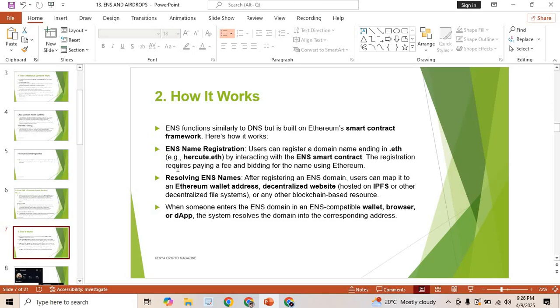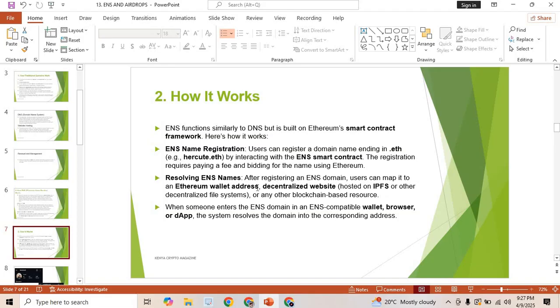So the registration requires paying a fee and bidding for the name using Ethereum. For you to actually buy this Ethereum name service, you need Ethereum. Send Ethereum to your wallet and connect to where these names get sent. I'll show you in a few. Then you can buy these domain names.